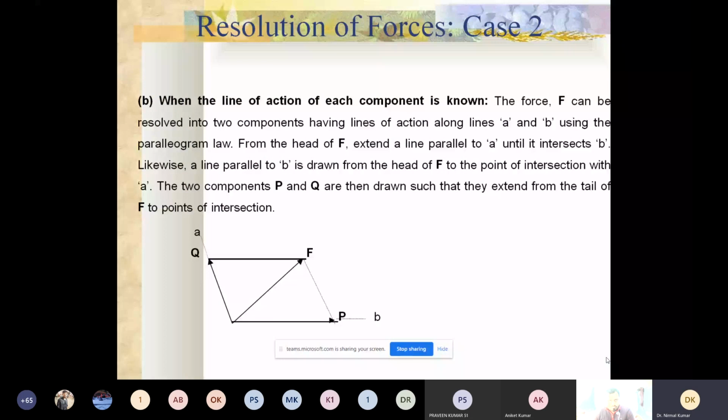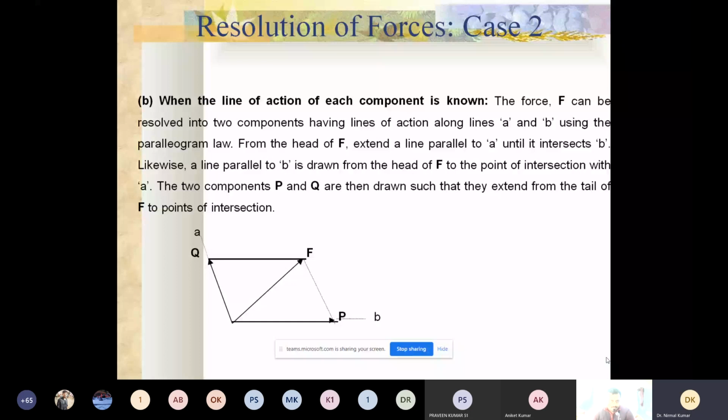Force F can be resolved into two components having lines of action along lines A and B. Using the parallelogram rule of law, from the head of F, extend a line parallel to A until it intersects the line B. Draw it parallel to this, and you are now able to draw a parallel line to B, and now you are able to construct a parallelogram.